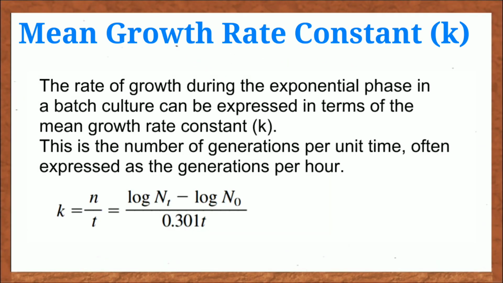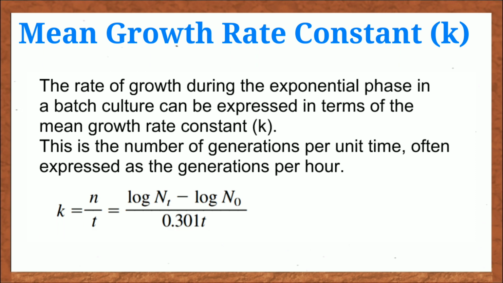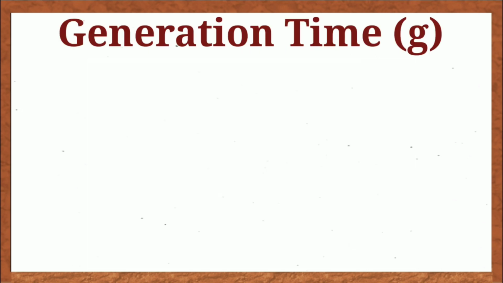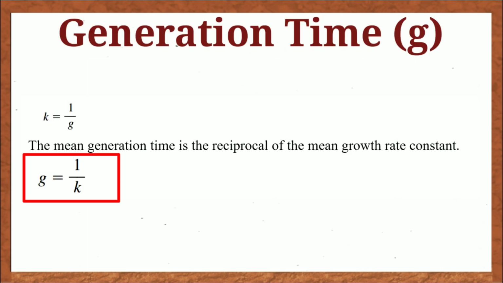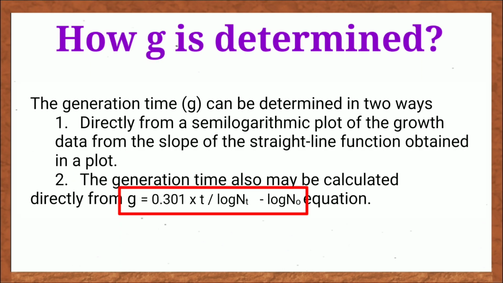And the third equation is for the calculation of mean growth rate constant, that is called K. It is the number of generations per unit time, expressed per hour, and it can be expressed as N by T. And finally, I am going to discuss the generation time or G. It is generally calculated from this equation or from the semi-log plot of the growth data in this way.